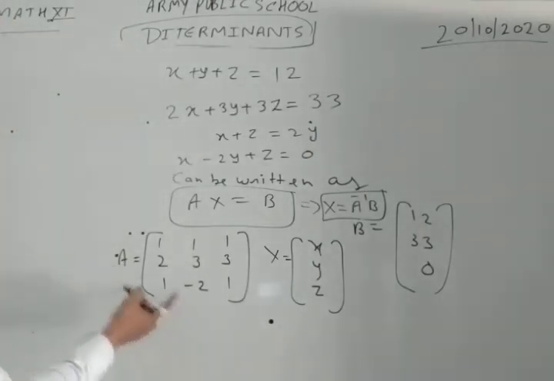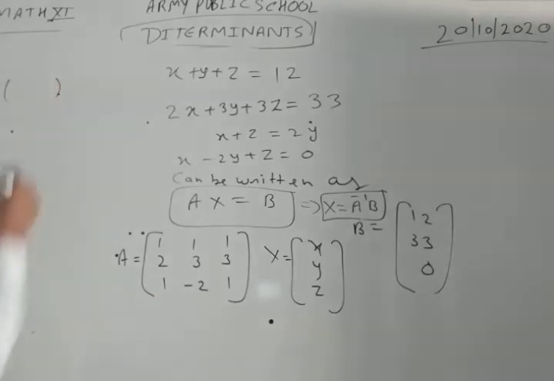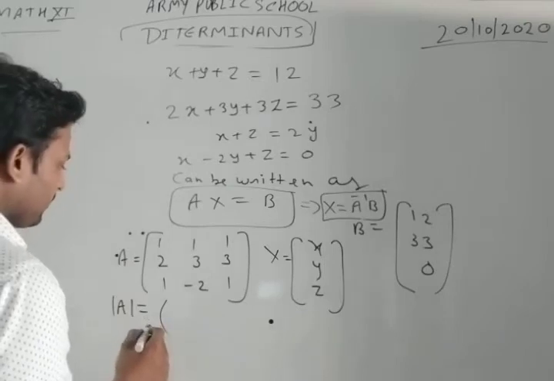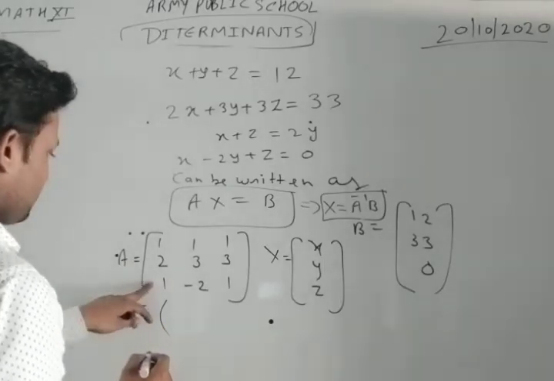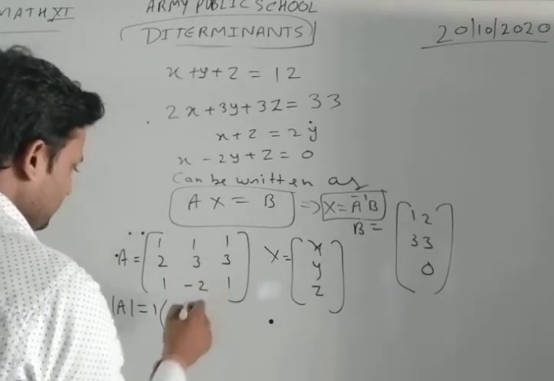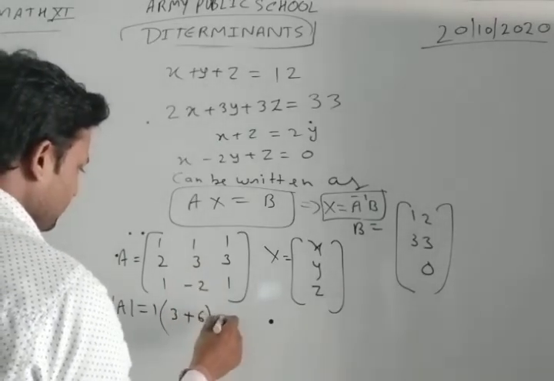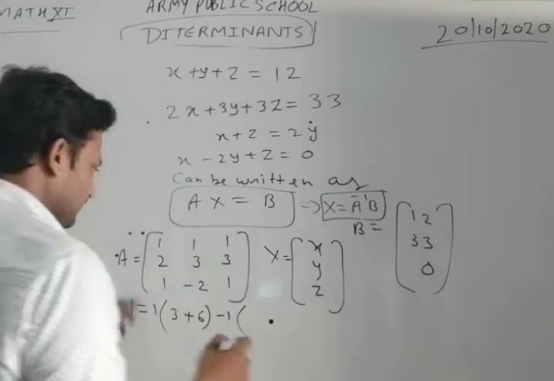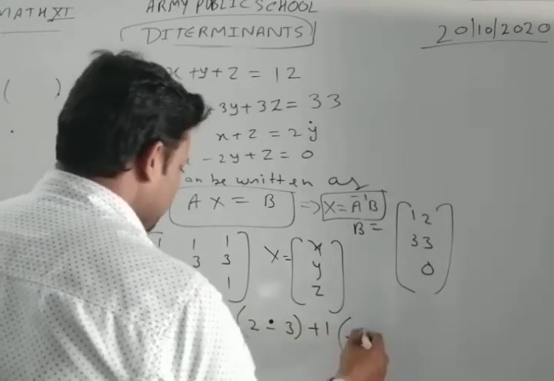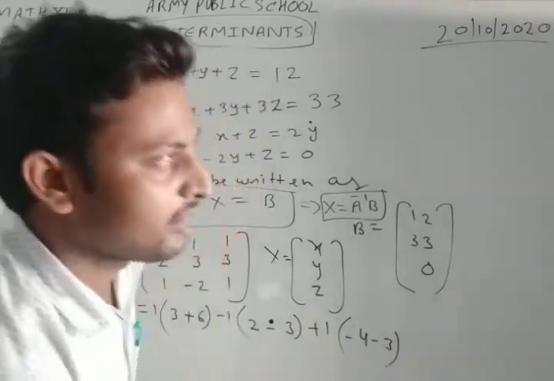So this is A. First find the determinant of A. Expanding along the first row: 1 times (3 plus 6), minus 1 times (2 minus 3), plus 1 times (minus 4 minus 3).